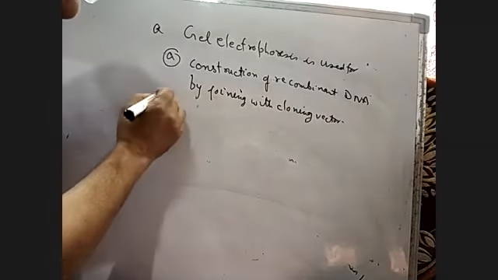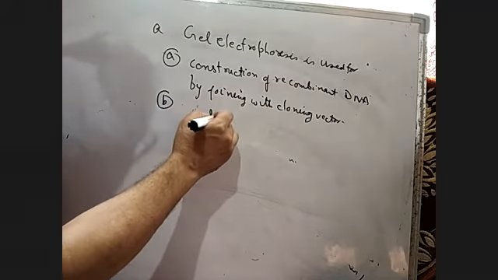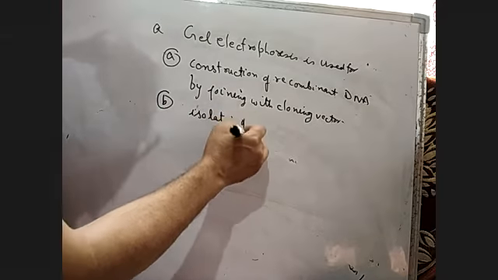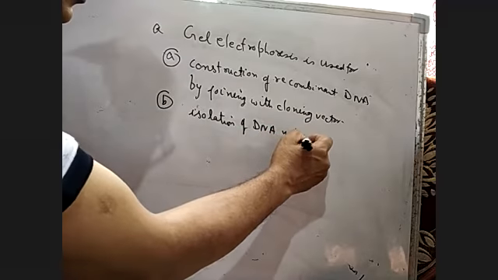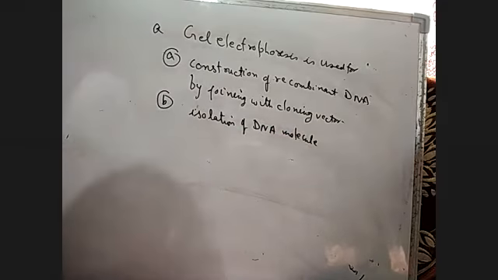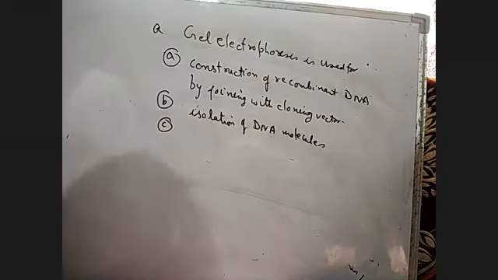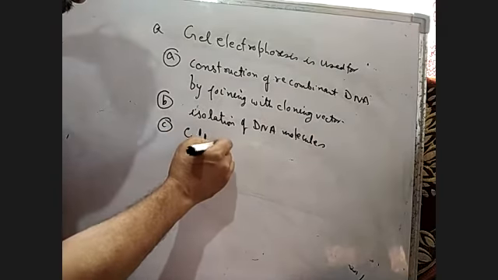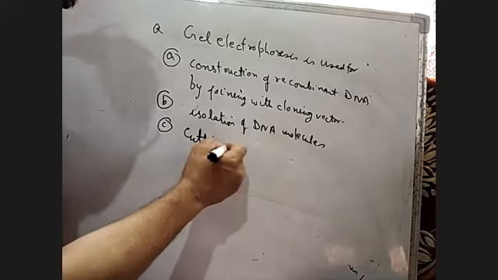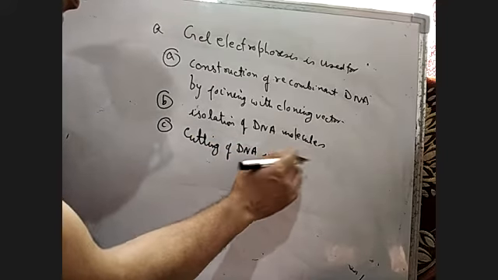Number B will be isolation of DNA molecules. Then number C: cutting of DNA into fragments.